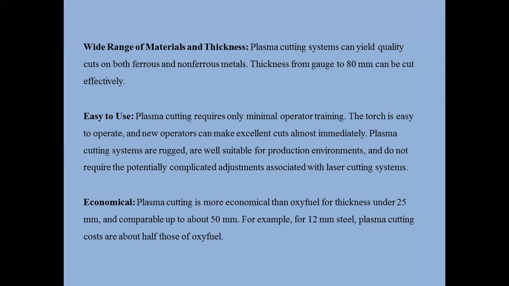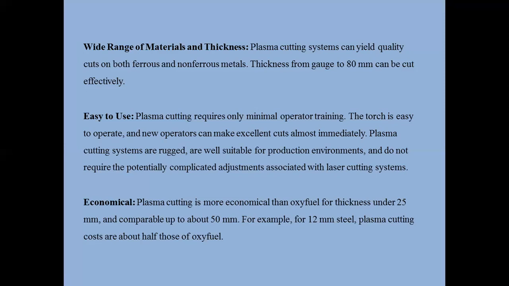Even a new operator can use plasma arc machining to make effective and excellent cuts. And, as we have discussed, it is very economical compared to other competitive cutting systems like laser and oxy gas cutting operations. So these are the parameters that are very advantageous for considering plasma arc machining.